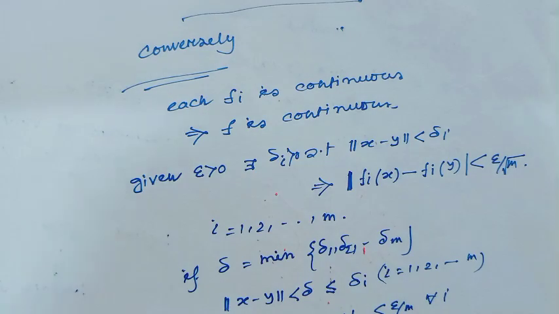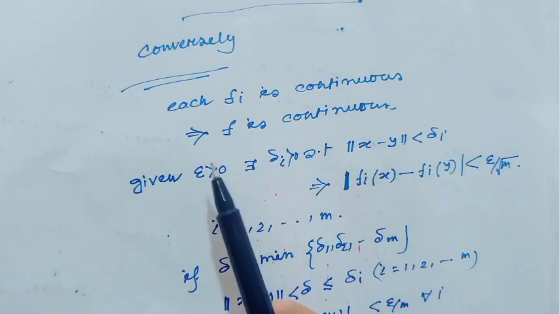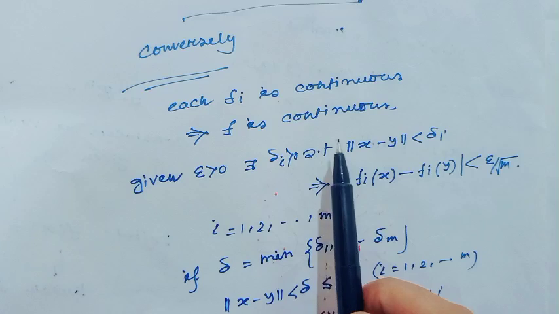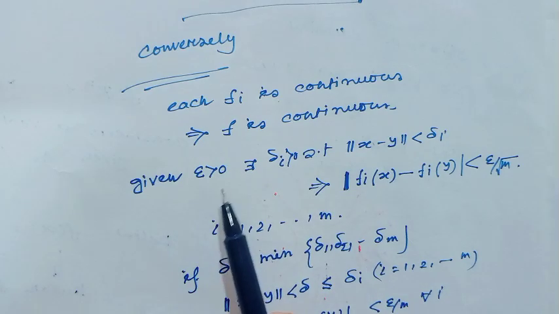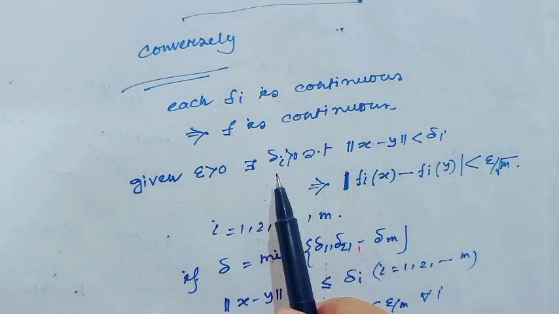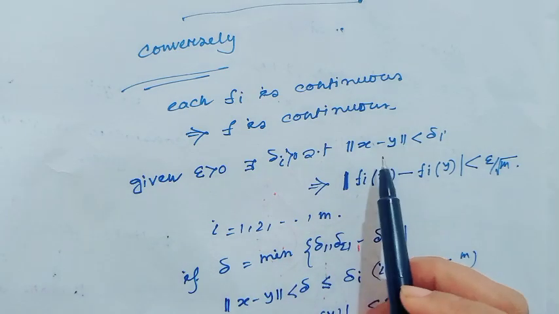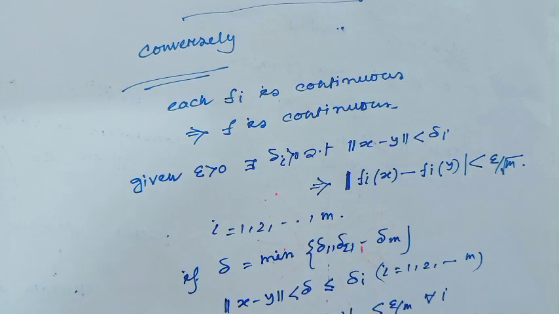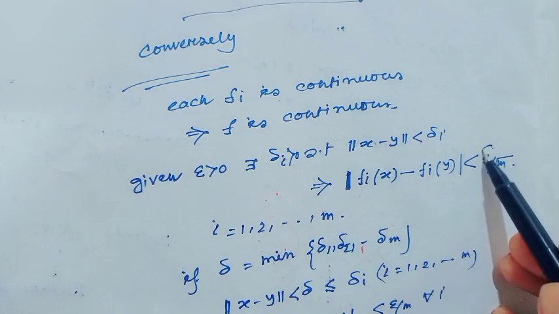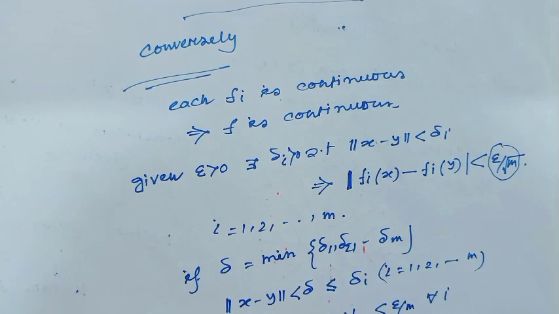Conversely, consider each fi is continuous. That implies f is continuous, because given epsilon greater than 0, there exists delta i greater than 0 such that norm of x minus y less than delta i implies absolute value of fi(x) minus fi(y) is less than epsilon over square root of m.